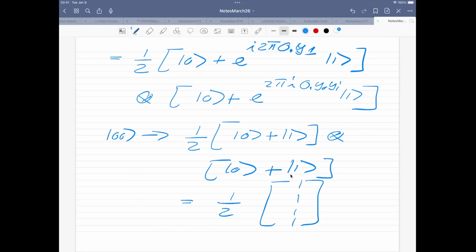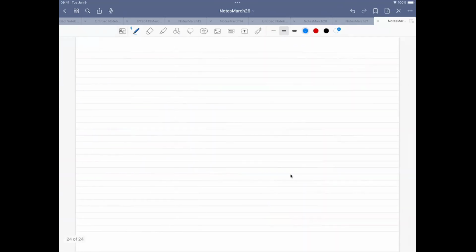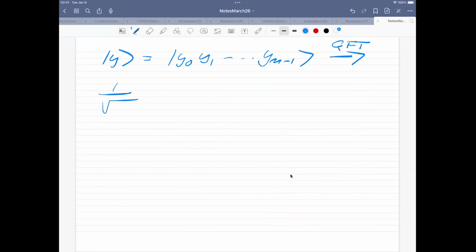The general case, the way we are going to encode this is as a Fourier transform which runs as follows. If we take a state y, which is now given by these original qubits up to y_{n-1}, this will transform with our quantum Fourier transform. The compact expression is now given by a transformation which looks like 1 over the square root of 2 to the power of n. And I have the first one, 0 plus e to the i of 2 pi, 0, y_{n-1}, multiplied with 1.